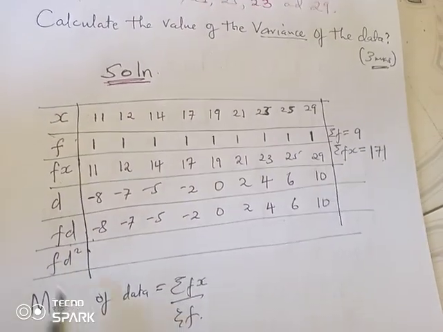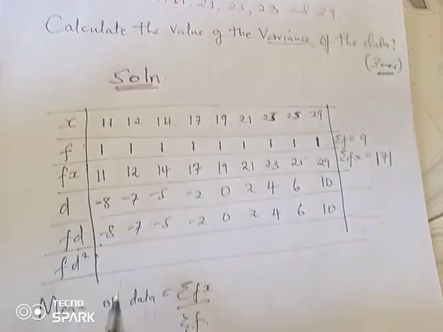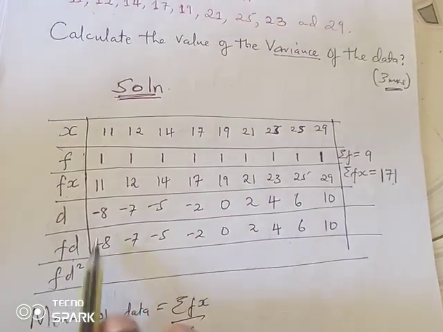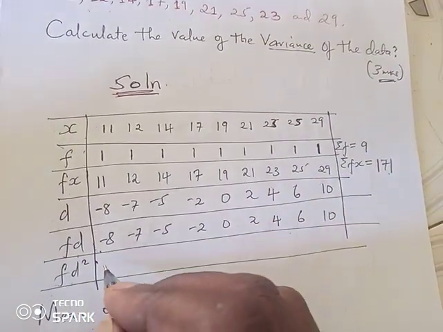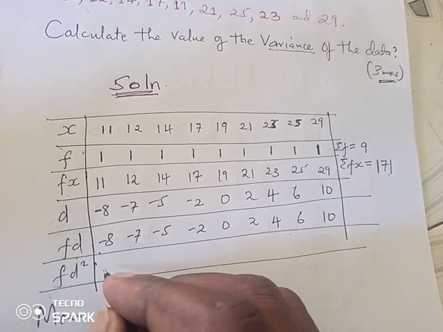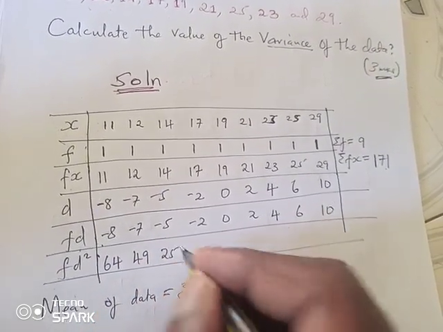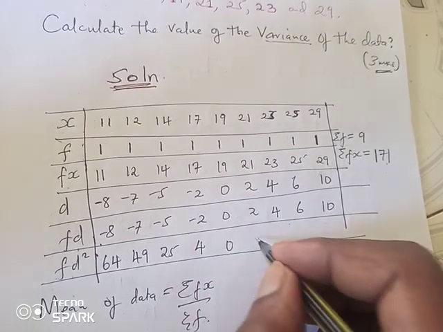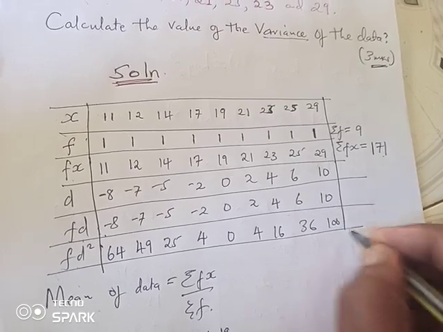Then here we have fd squared. So we are just squaring the d, times f. So when we square negative 8, we get 64, 49, 25, 4, 0, 4, 16, 36, and finally 100.